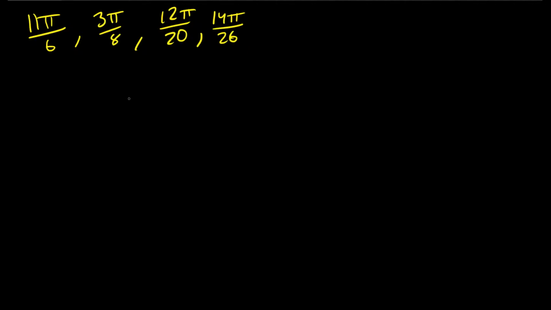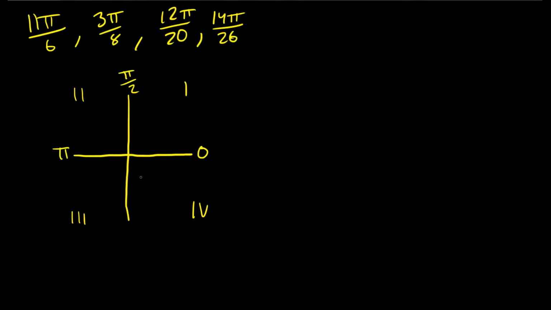Well, the first thing is we want to have a visual or a mental image of the coordinate system. So we know that this is the first, second, third, and then the fourth quadrant. First thing we have to know is that this is angle 0. This is pi over 2.